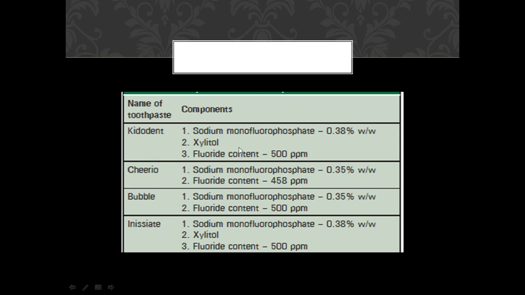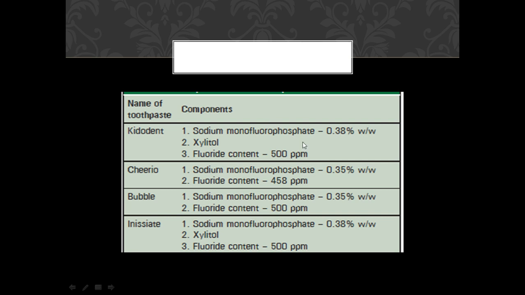It contains fluoride content of around 500 ppm. So 500 ppm is one thing, and xylitol is another thing. Xylitol is a sugar substitute, an artificial sweetener, which can't be metabolized by bacteria. That is an additional benefit of prescribing it for a child.